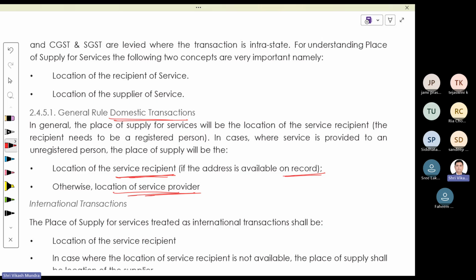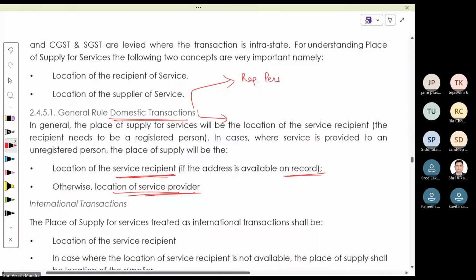That means in case of a domestic transaction, in general, if it is provided to a registered person, where the recipient is a registered person, we can use the word registered buyer for better understanding. In that situation, his place shall be considered as the place of supply.